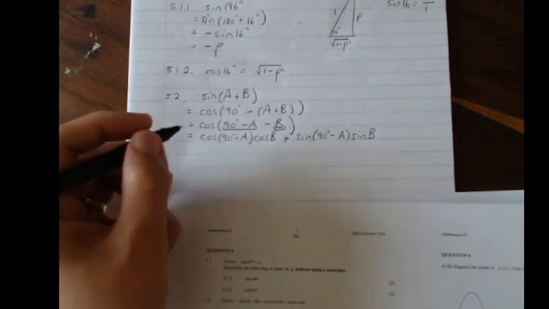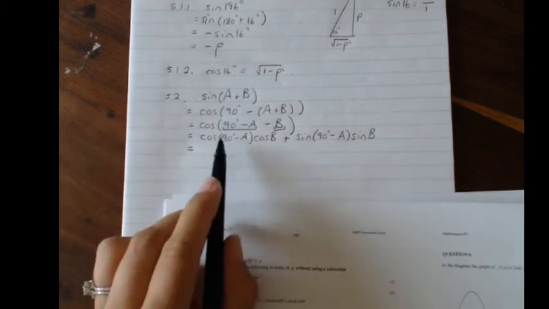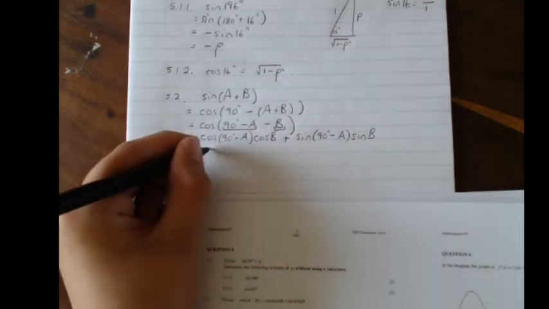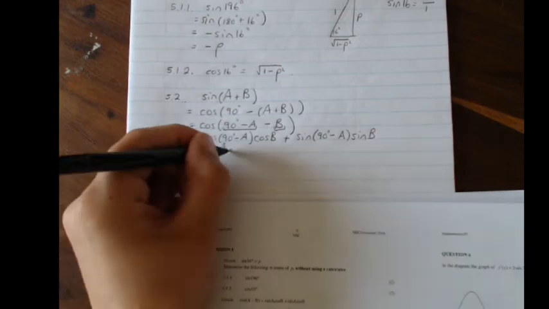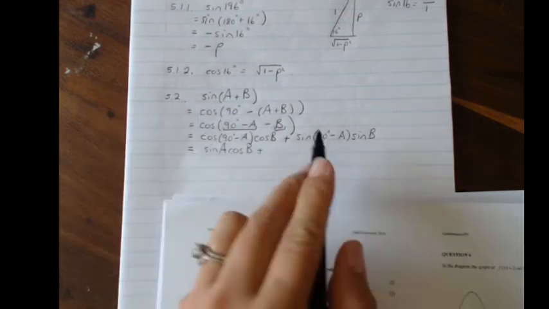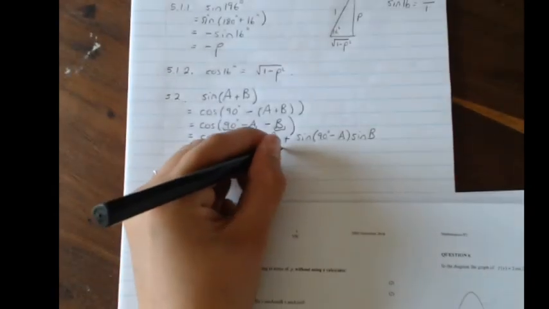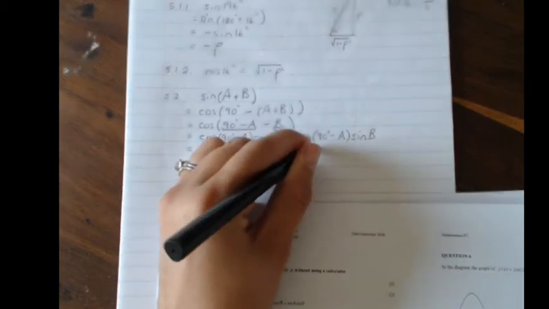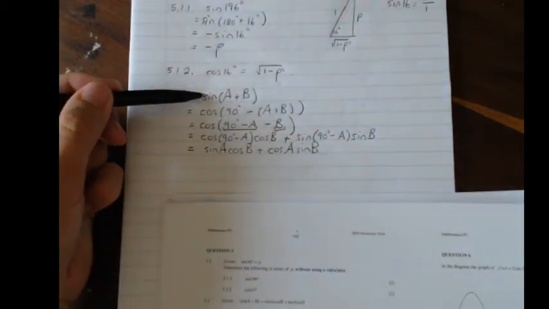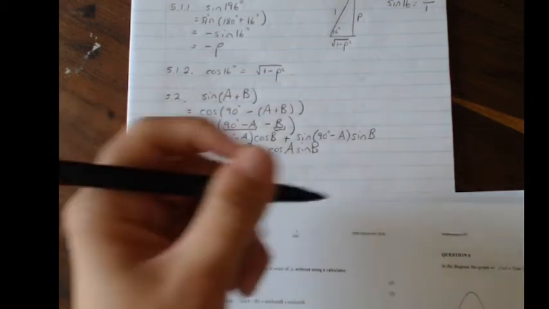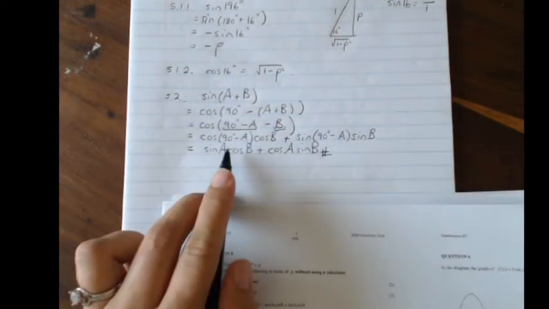That's how you would deal with that, by the way. Okay, so cos 90 minus A is going to be sine A cos B plus sine 90 minus A cos A sine B. And there I have derived that the formula for sine A plus B expands into this by using the cos A minus B formula.